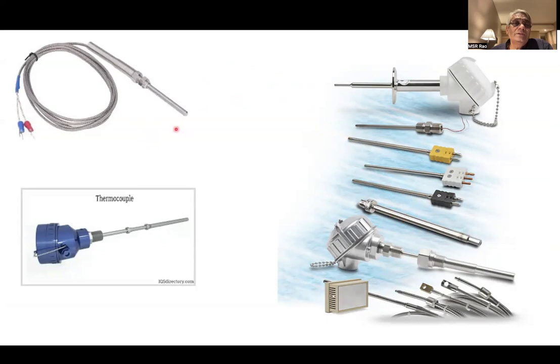Typical pictures of thermocouples are available in various shapes, sizes, and forms. That's how a furnace thermocouple looks. If you have a box furnace, this part goes inside the furnace, and the other part sits on the top, and you take your electrical connections to the top, or you have another socket plugged here from where the wires are taken and connected to the electric meters.